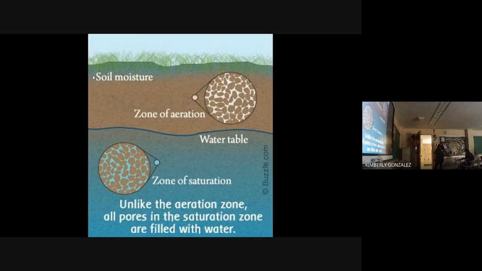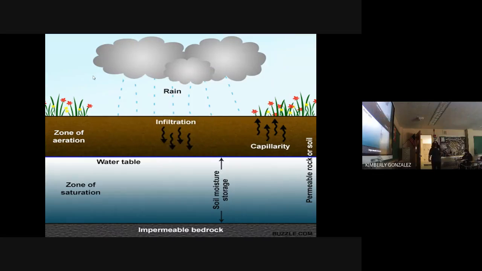There's no real separation other than the soil, the water table line, and then the zone of aeration. All of the pores in the zone of saturation have water in between them. Notice the two close-up pictures. In the zone of saturation, you can see the blue water, and in the zone of aeration there isn't any, because at that point it has gone through completely.